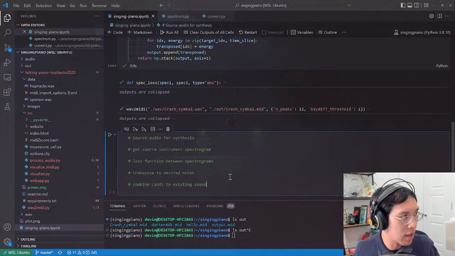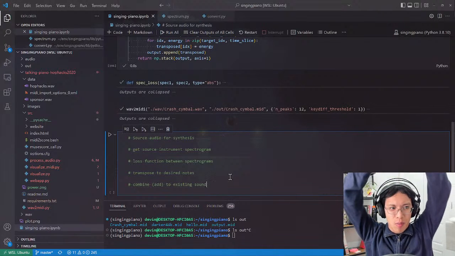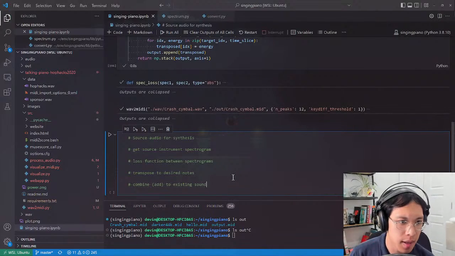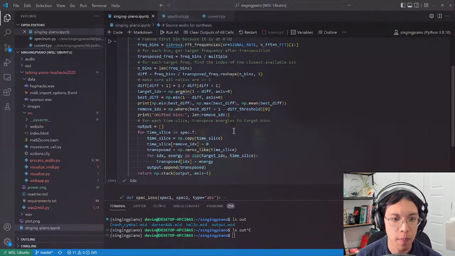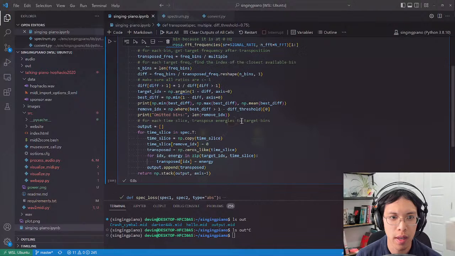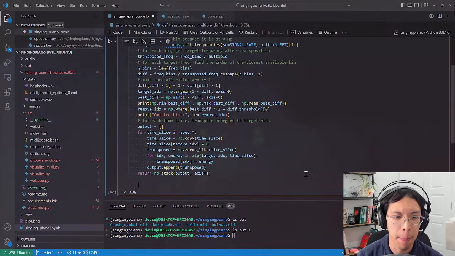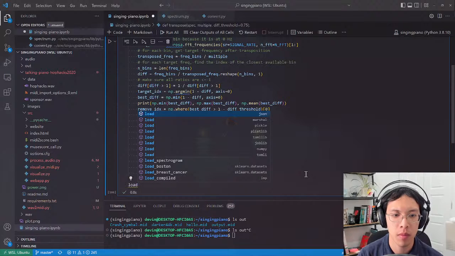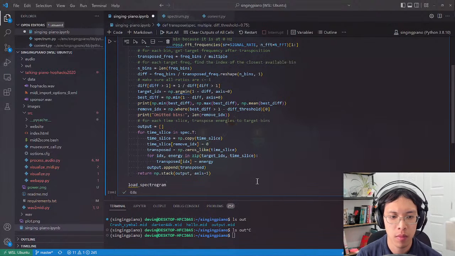It's getting pretty late though, and that sounds like another big project, so I might just try transposing some notes and seeing how they sound using this function. So let's try that. Load spectrogram.